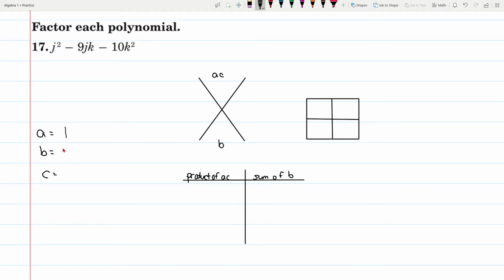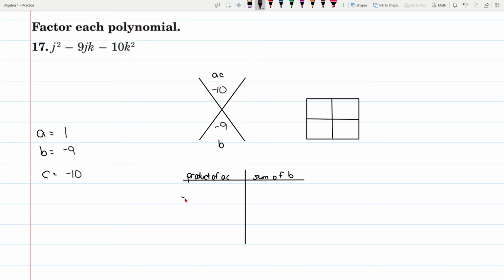Our b is equal to -9. And our c, let's just make equal to -10. Let's solve it like we normally would to start. We have -10 as our AC, -9 as our b.